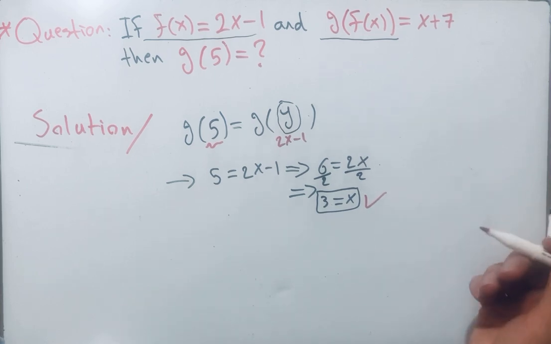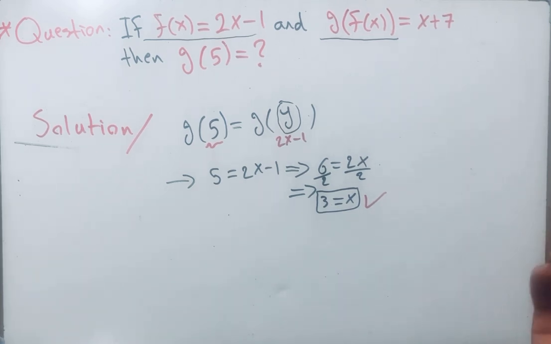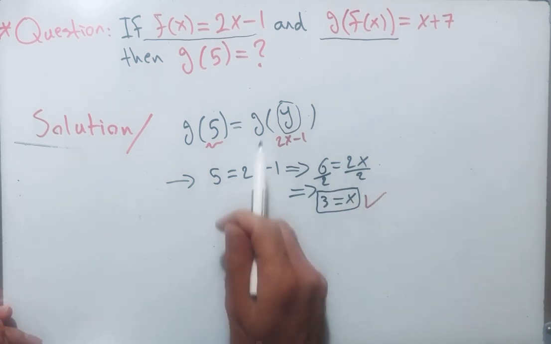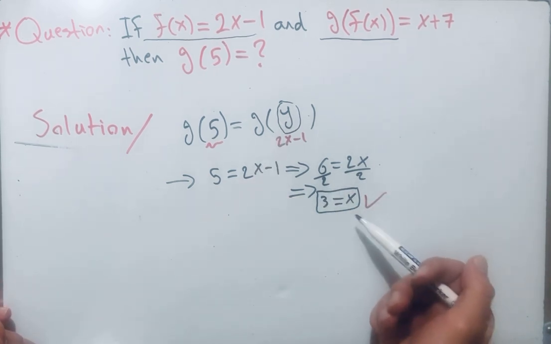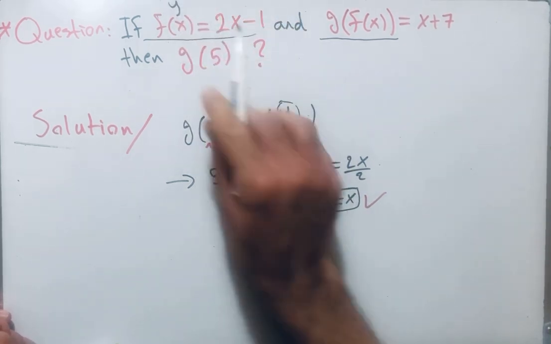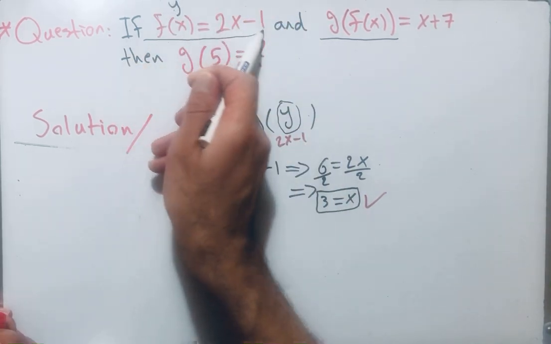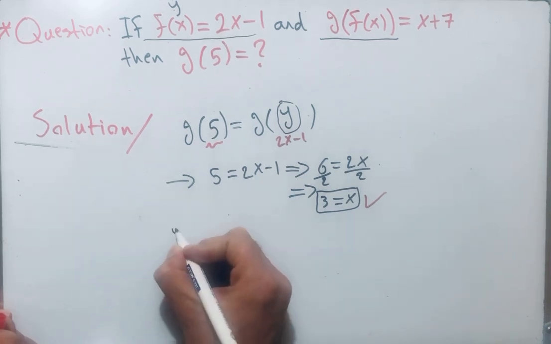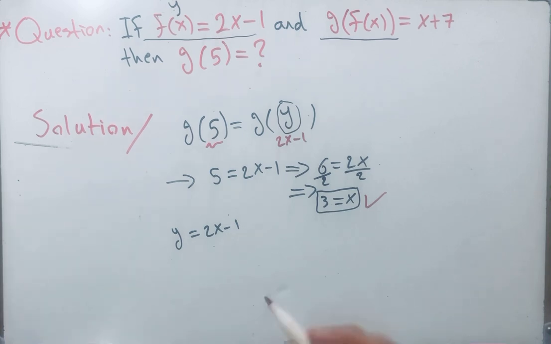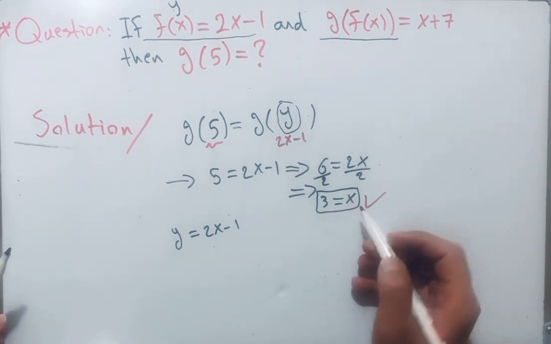You might be wondering, is it even beneficial? Well, you do have the value of x, right? You want the value of y. Well, simply plug the value of x in y, okay? But remember, what is y? y is equal to 2x minus 1. Again, what was the value of x that we found? It's 3.